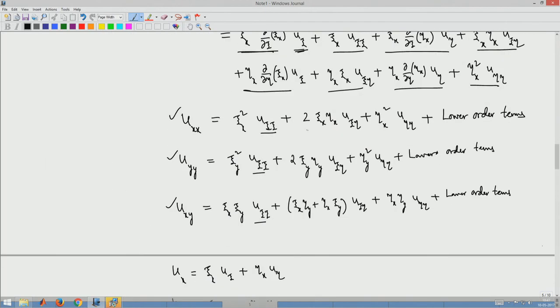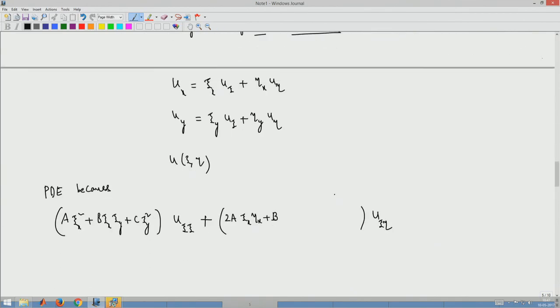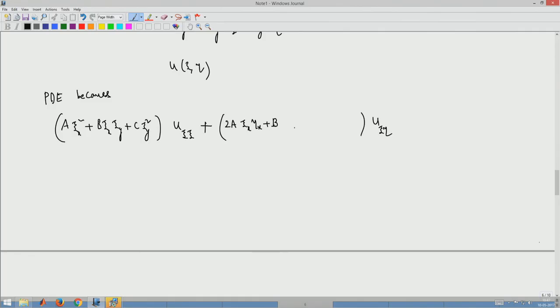So you have 2 ξx ηx, and here this term with b, this term with c: b times (ξx ηy plus ηx ξy), plus 2c ξy ηy, that is what you have.